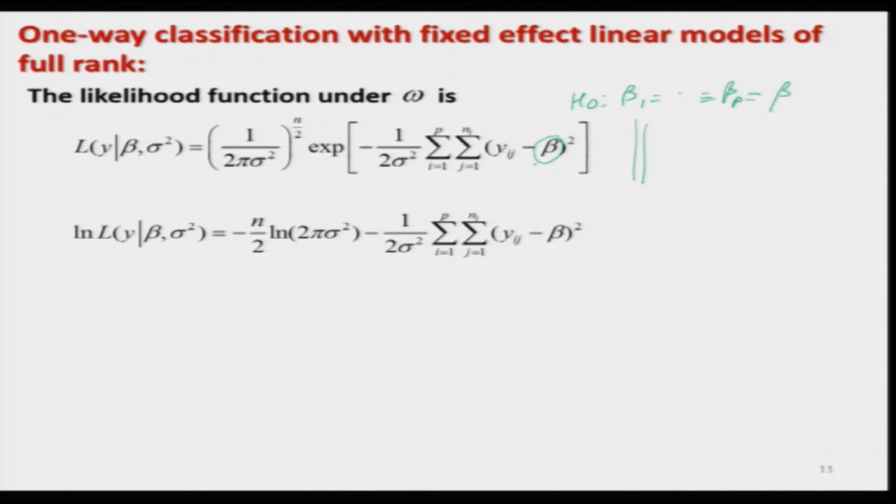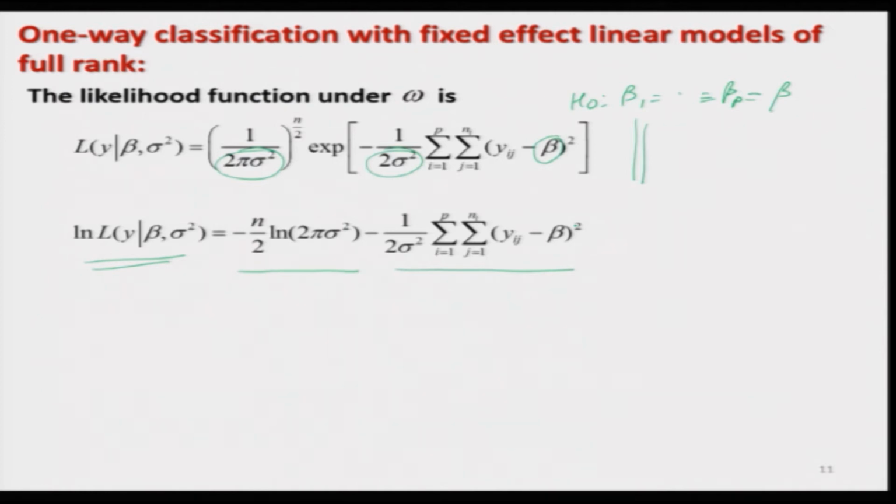There is another parameter sigma square that remains as such in the likelihood function. Now we take the log likelihood, and this comes out to be minus n by 2 log of 2 pi sigma square minus 1 over 2 sigma square double summation i goes from 1 to p, j goes from 1 to n_i, (y_ij minus beta) whole square.